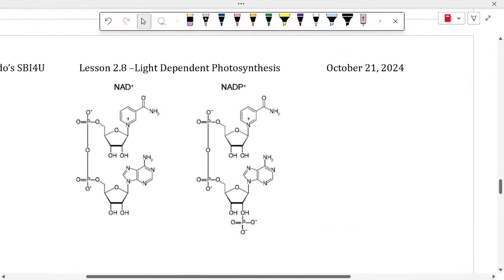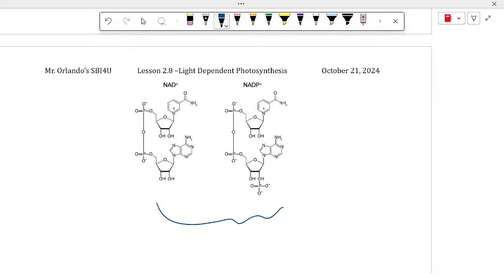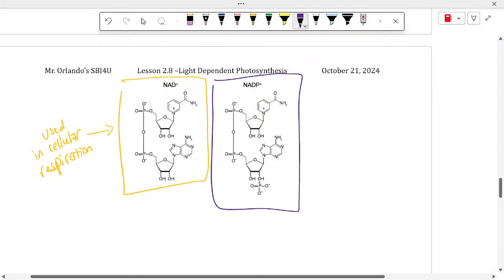If you want to see the difference in structure, here it is. This one here is used in cellular respiration, in humans, and this here is used in photosynthesis.